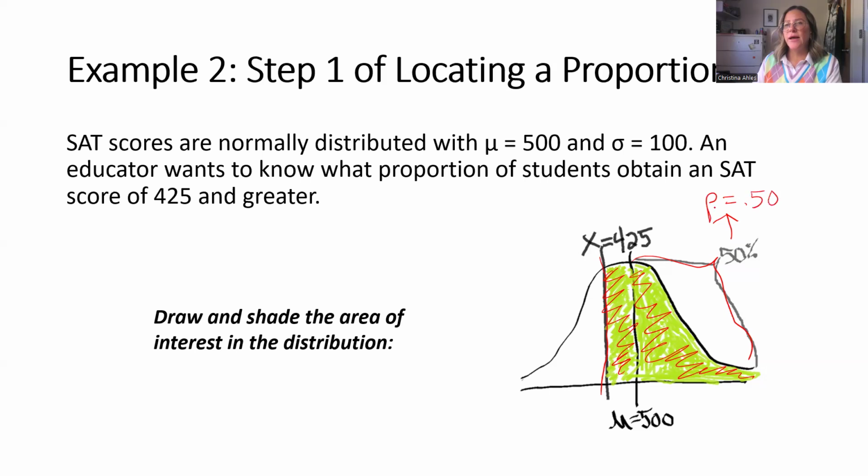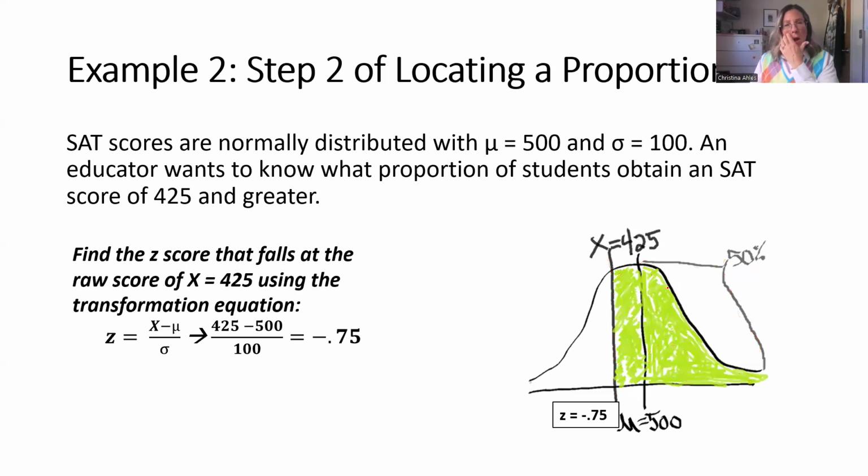But now we need to find out what is the proportion between mean and z so that we can add it to it? Like, what is this proportion right here? That little sliver. So let's take a look. We have to find our z-score. If you do it right, because that 425 is below the mean, you get negative 0.75. Now, remember, step 2 is transforming.